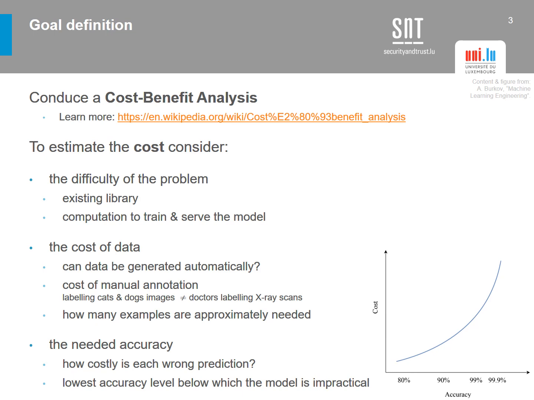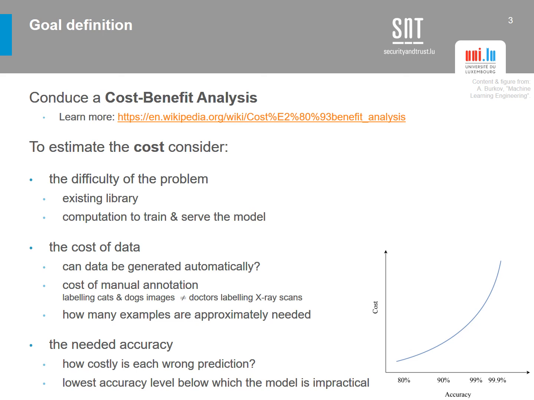Another major thing to consider is the cost of data. Because we want to generate some data, it can be costly. We need to analyze if the data can be generated automatically. If that is the case, it will probably be a lot cheaper to gather some data. Another question is the cost of manual annotations.